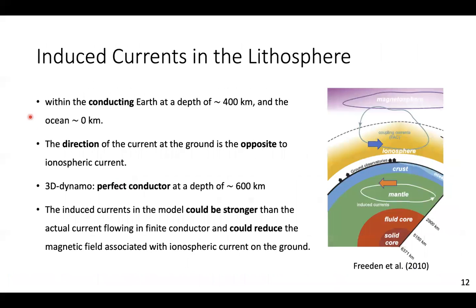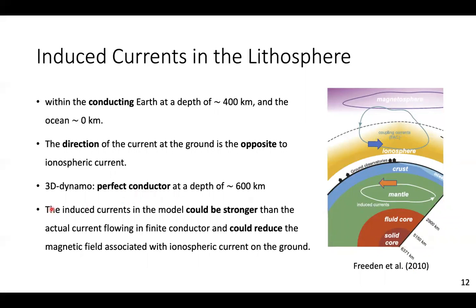Since the induced current in a lithosphere has a direction opposite to the ionospheric current, and our Earth, the lithosphere, is a good conductor. But in our model, the model assumes a perfect conductor in the lithosphere.